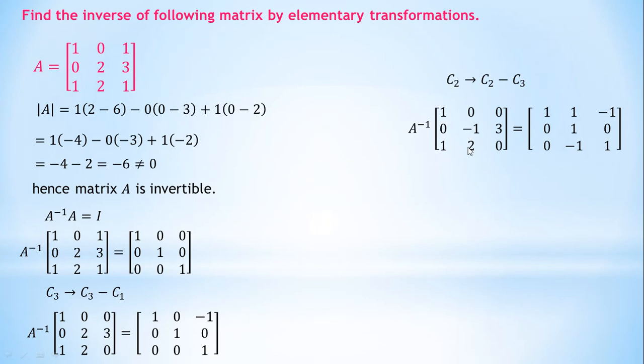So a further transformation to convert that minus 1 into 1 is C2 changes to minus C2, means you just multiply the second column by -1, and you will get 1 here. Otherwise you have to divide by 2 here, so that directly you will get 1. Or if you use this transformation, then the next transformation will be C2 changes to -C2.